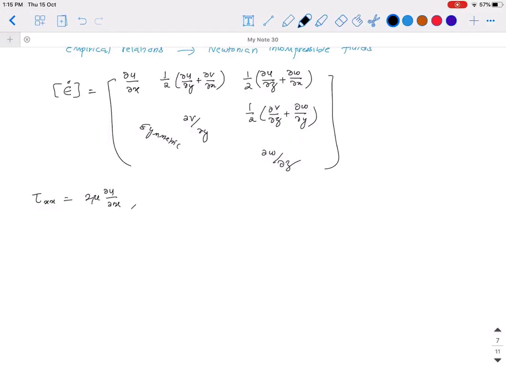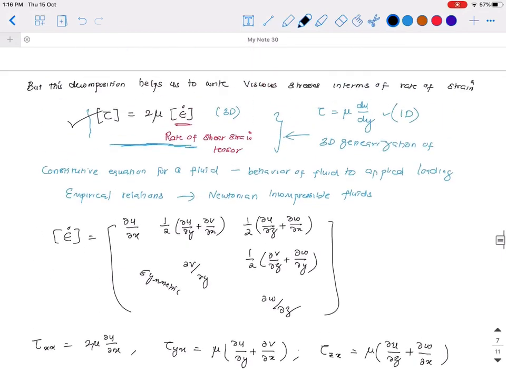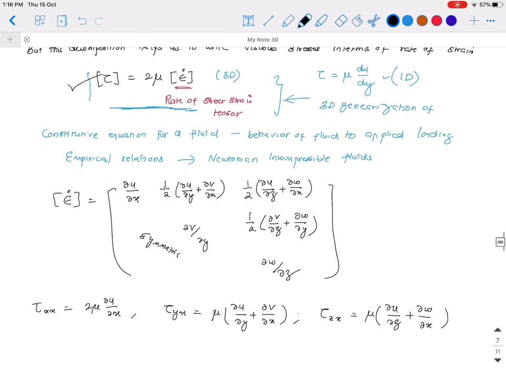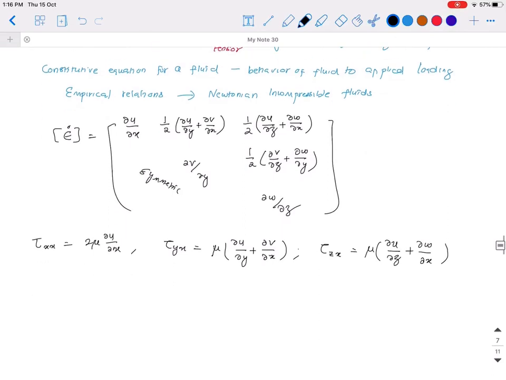Okay, and tau yx would be mu times the derivative by dou x. Okay, you can write the other components also, but I'm going to talk only about the terms that are coming out in the x direction momentum equation. Okay, so we have written this constitutive equation component wise. You can write all six terms.